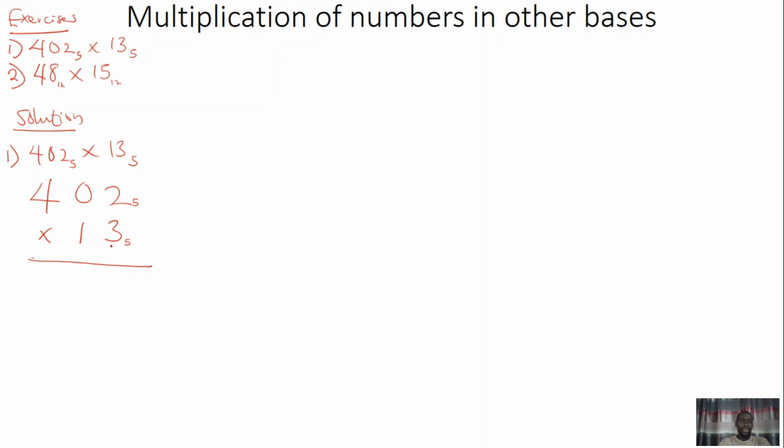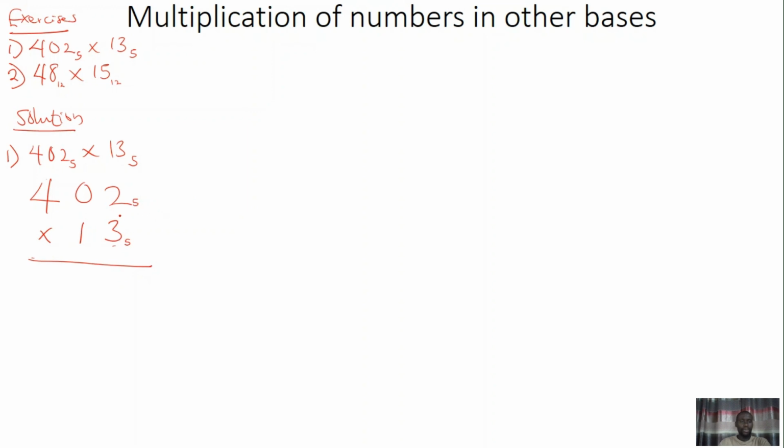Now we're going to use 3 to multiply each of those numbers. Let's start with 2. 3 times 2 equals 6. But instead of writing 6 down here, what we are going to do is to divide it by the base in which we are doing the operation.